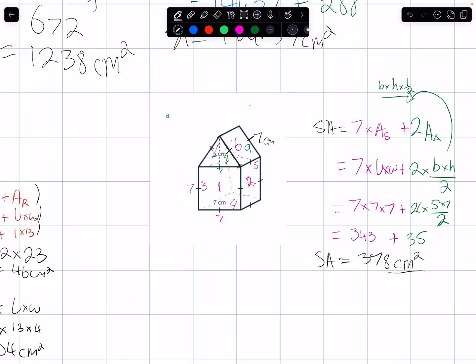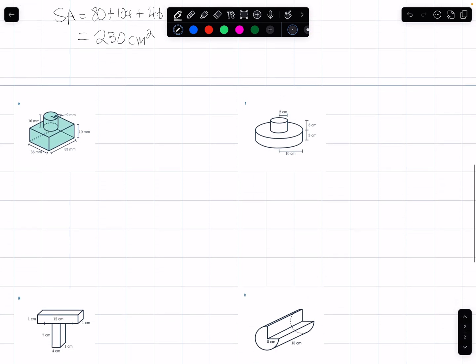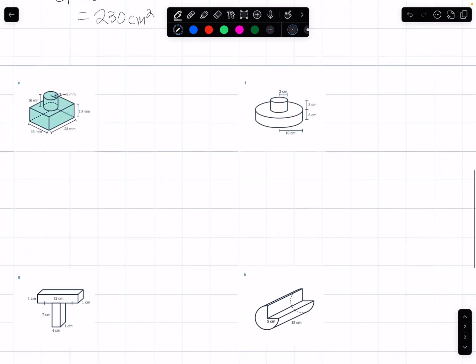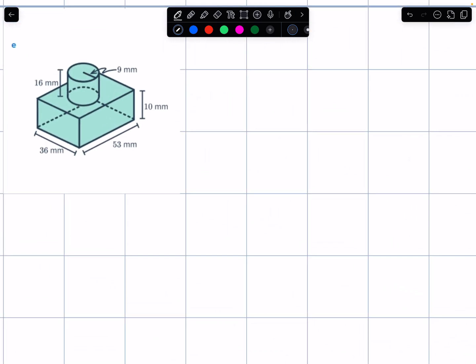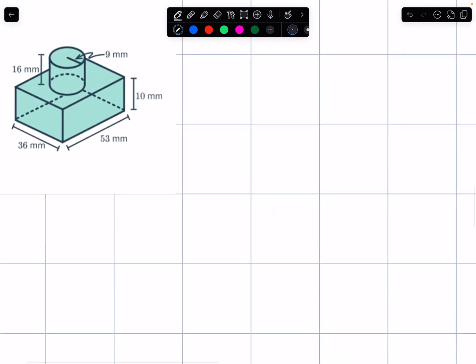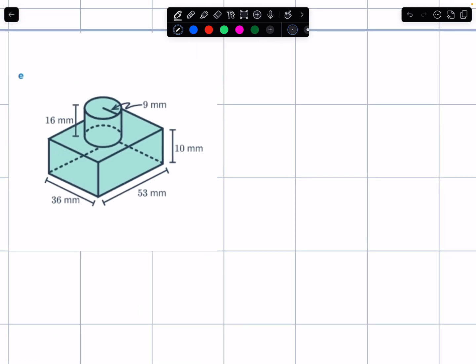All right. Now, it's just all about how you view these shapes, okay? The approach to every one of them is slightly different, all right? It's really a case of just how you see it logically, right? It's really important. Now, this shape here is going to test our ability to use our area formulas and actually understand what they mean, okay?